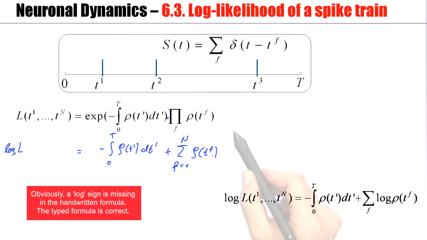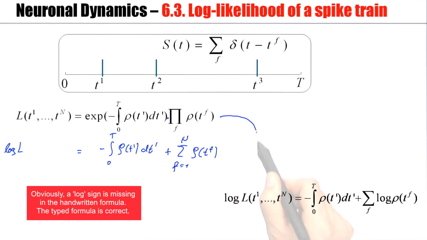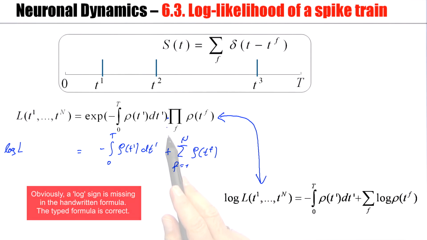Thus, the likelihood can be rewritten as a log likelihood, and the two formulations are completely equivalent. I can also go back from the log likelihood to the likelihood. The reason for considering the log likelihood is simple. It looks nicer if you have sums compared to products.